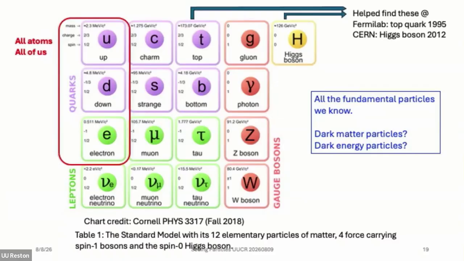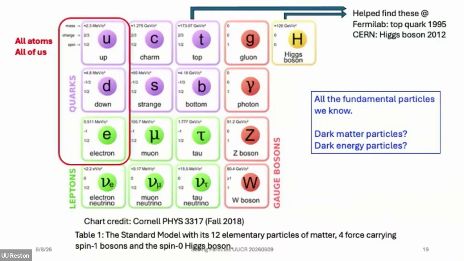Then it was discovered, as you see there on the right, the S, the strange quark, that was responsible for these K0 decays, and it had a partner called the charm quark that I was looking for, but others found it first. And then there is a heavier partner to the electron called the muon, and its own neutrino. And the 5th and 6th quarks are top and bottom that were discovered at Fermilab, and I helped find the top quark in 1995 at Fermilab, and I'll show you a picture about that.